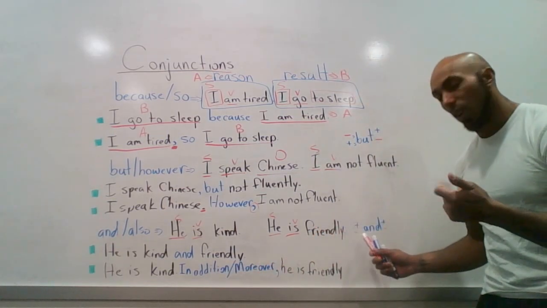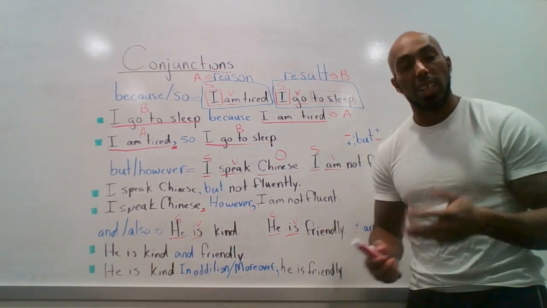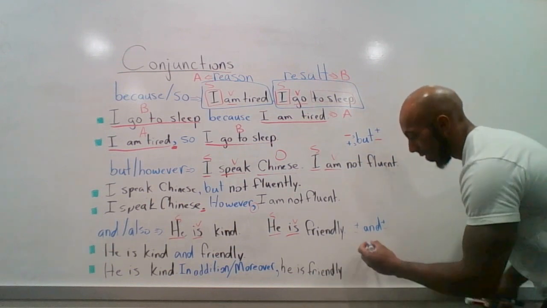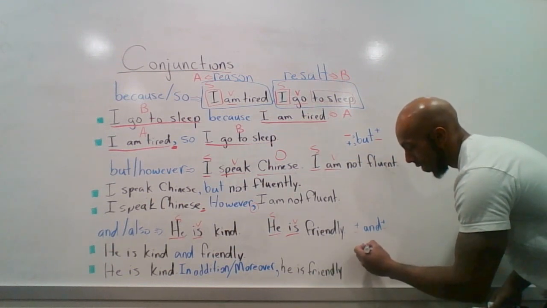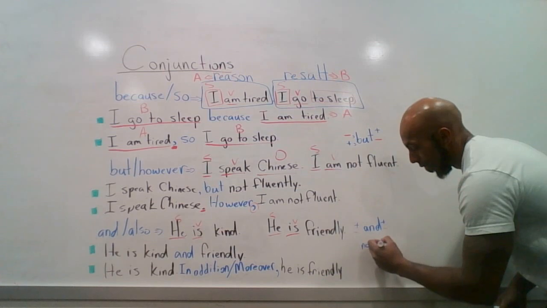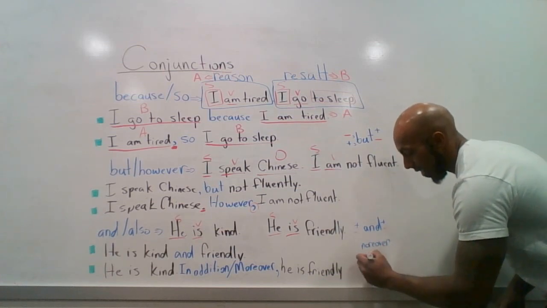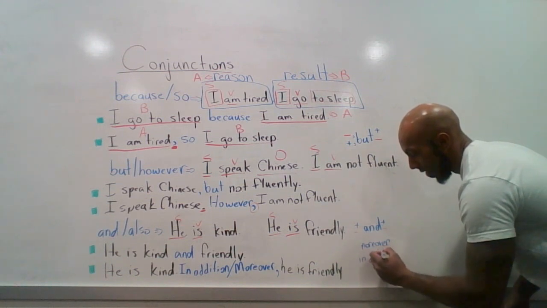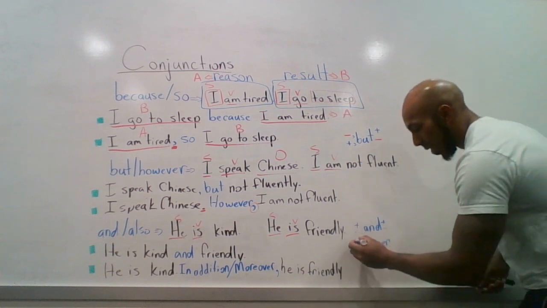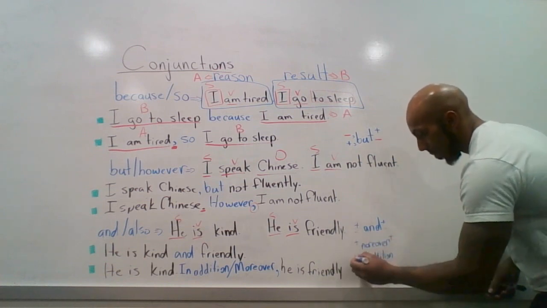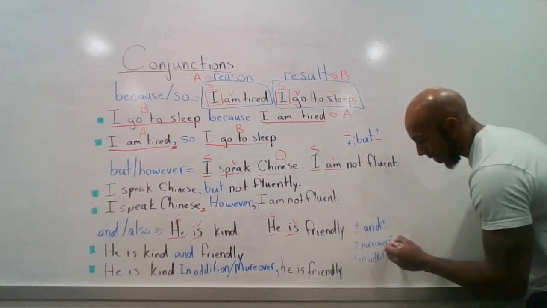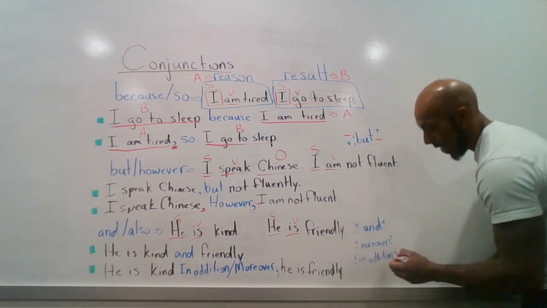This would be the same for also, moreover, and in addition. Okay? So I could put moreover and in addition. That's two D's. Okay? It's the same concept. Positive, positive, or negative, negative.